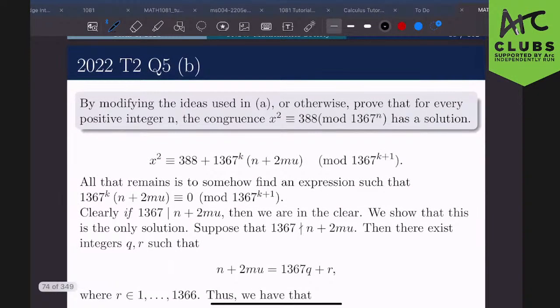And now we still have to prove that this term, well, basically we want to prove that this term is congruent to 0 with respect to this mod, which means we want 1367 to divide this term so that we can get rid of this whole thing.